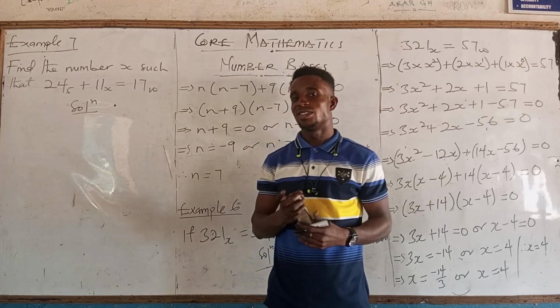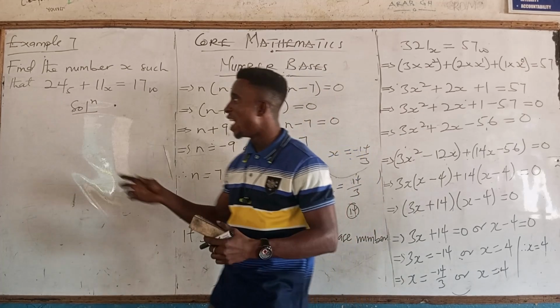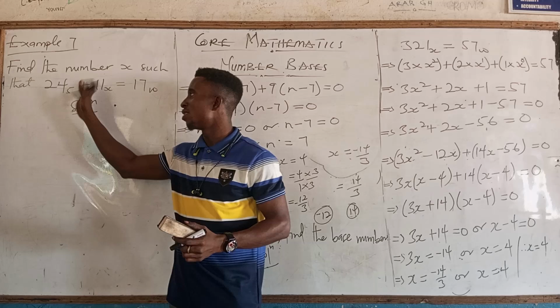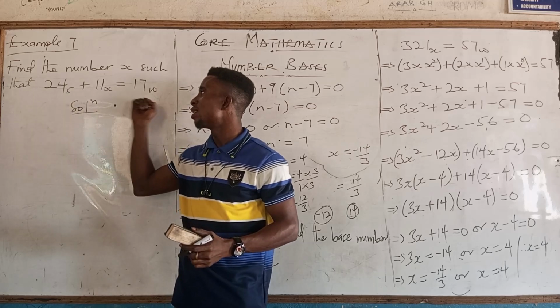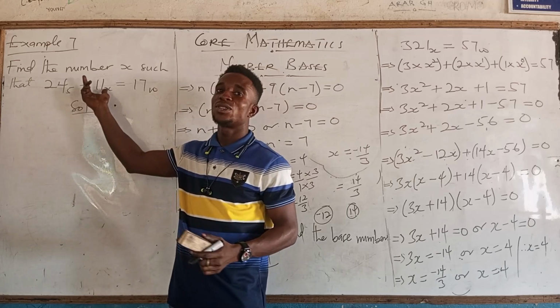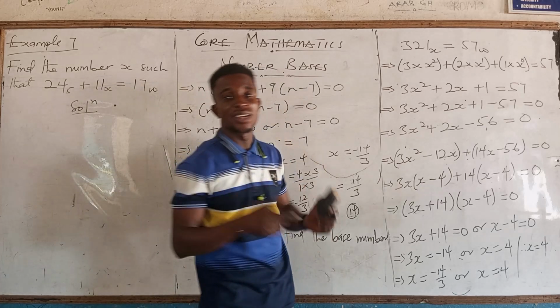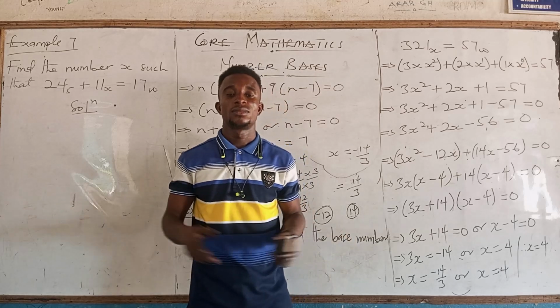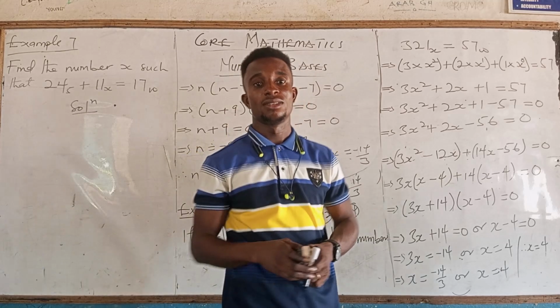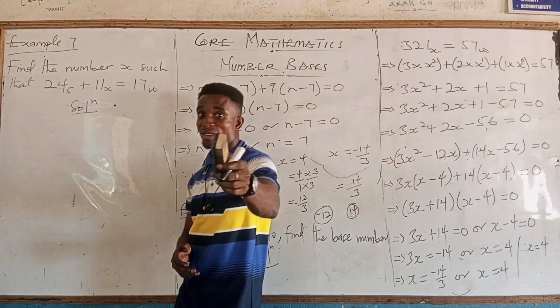You pause the video, then you try. Because here we have 24 base 5, other base 10. So we convert this one to base 10, this one to base 10. Already this one is in base 10. Then we solve. Pause the video and continue. Are you waiting for me to do it? I will never do it.